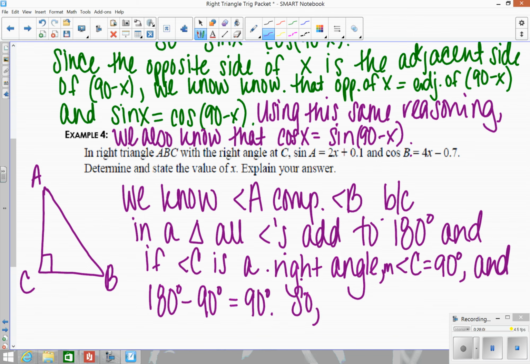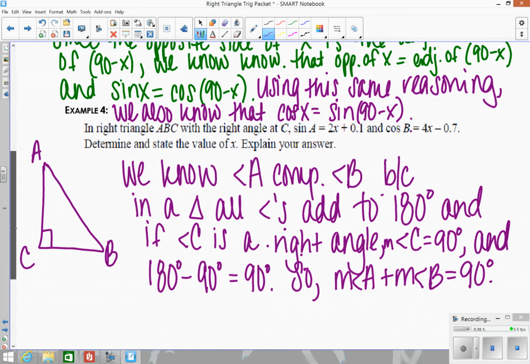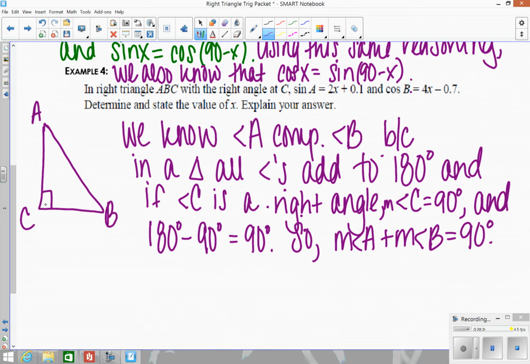So the measure of angle A plus the measure of angle B has to add up to 90 degrees. Since all three angles add up to 180, take away the 90, and you're left with 90 degrees to split between angle A and angle B.